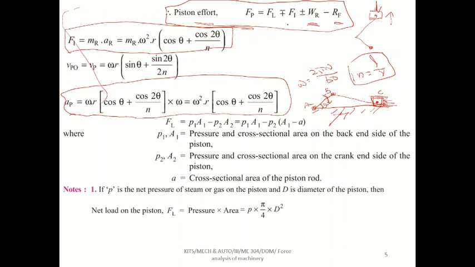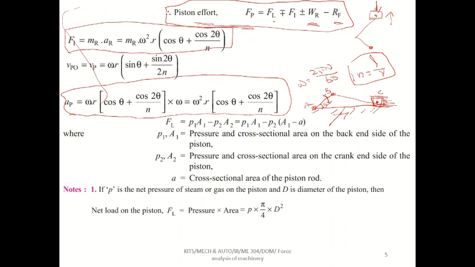During upstroke, inertia force is plus. During downstroke, inertia force is minus. See, for weight, during upstroke minus, during downstroke plus. For inertia force, during upstroke plus, during downstroke minus. They are opposite.